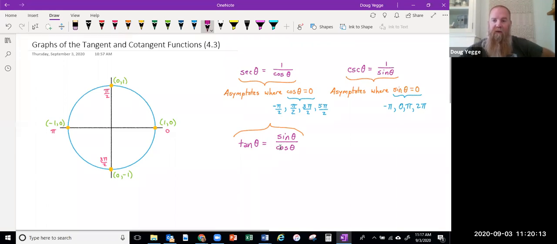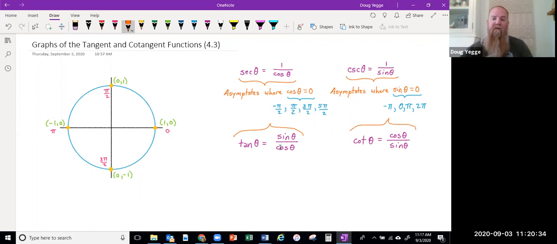And because we know that cotangent of theta is equal to cosine theta over sine theta, we now see that because sine theta is in the denominator, cotangent of theta will have the exact same asymptotes as cosecant of theta.